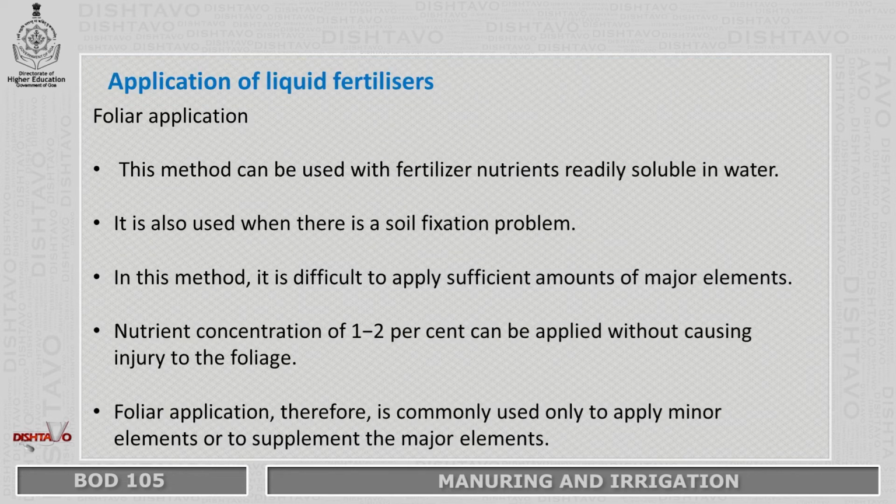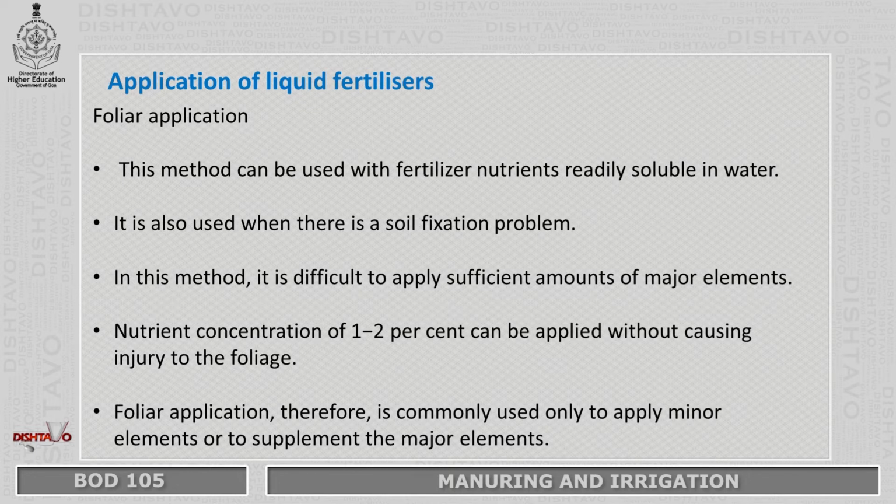Application of liquid fertilizers. Foliar application. This method can be used with fertilizers, nutrients readily soluble in water. It is also used when there is a soil fixation problem. In this method, it is difficult to apply a sufficient amount of major elements.